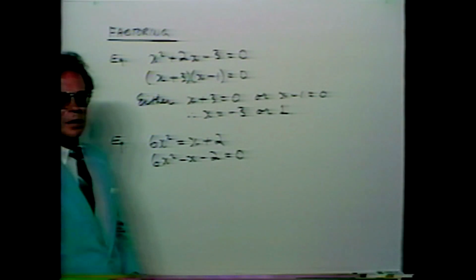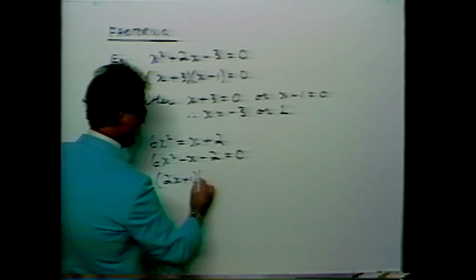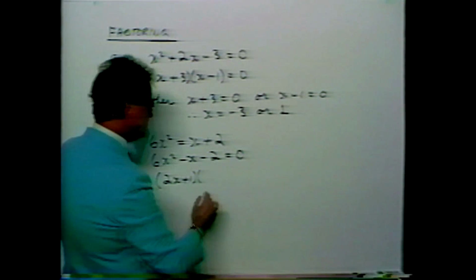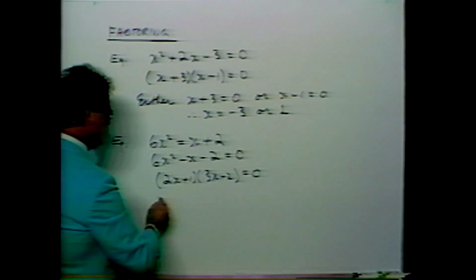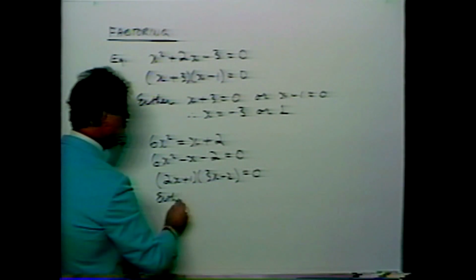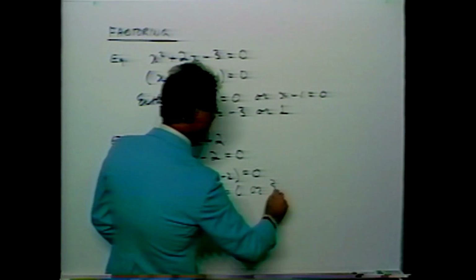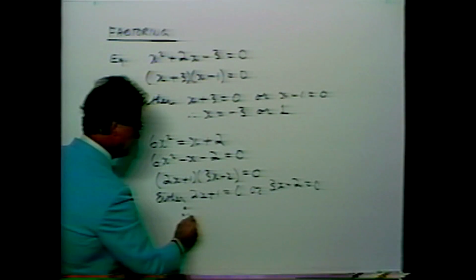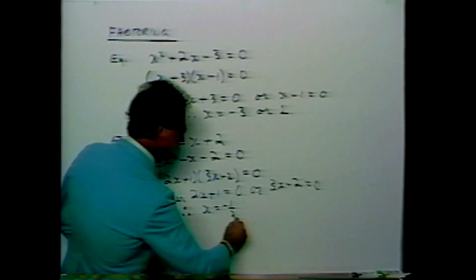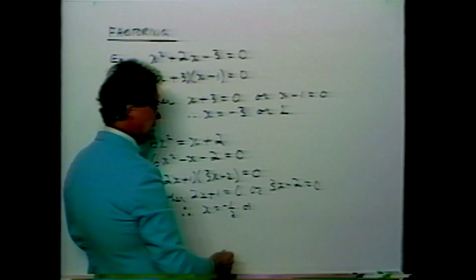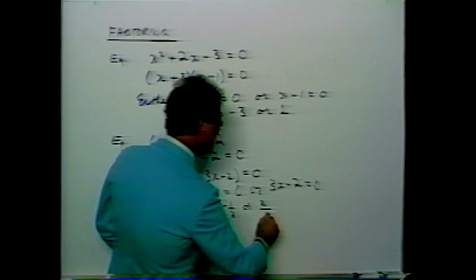The factors here are 2x plus 1 and 3x minus 2 equals 0. Therefore, either 2x plus 1 equals 0 or 3x minus 2 equals 0. And finally, from this equation, x equals minus 1/2, and from this equation, x equals positive 2/3.